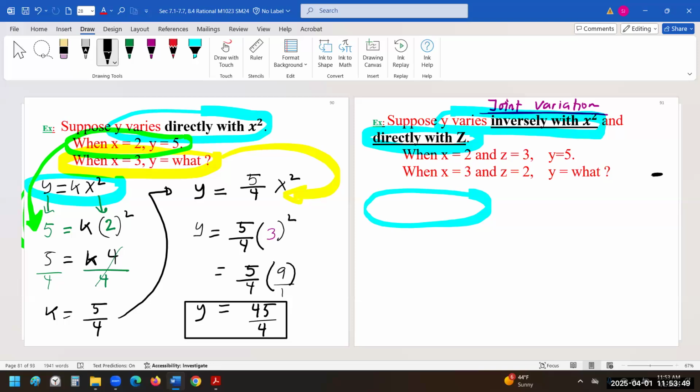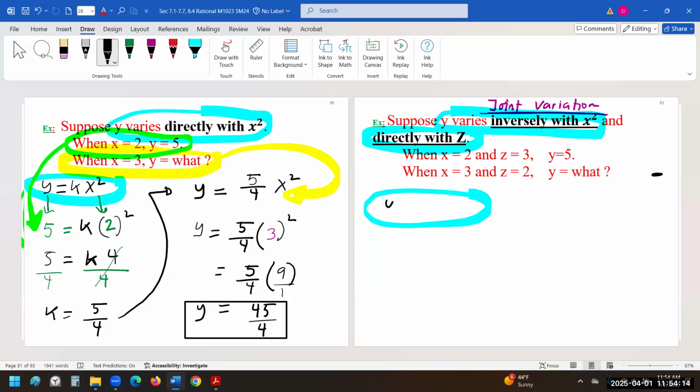So what are changing? First, what do you notice? Which two things are changing? Y and Z, okay. How are Y and Z changing? Directly or inversely?